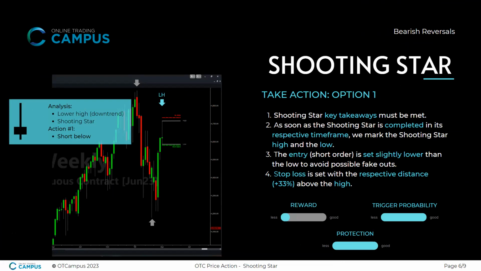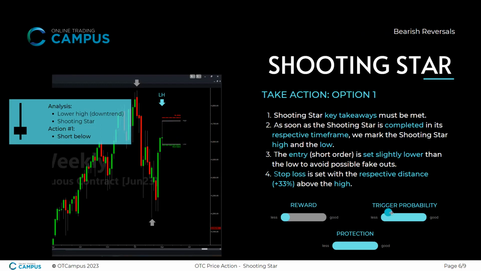Most of the time, and for me also, I'm looking for higher time frames, meaning daily, weekly, monthly reversals, daily, weekly, monthly shooting stars. So the shooting star most of the time is big, okay? And if you trade the whole range, lower than the low and higher than the high as your stop loss, most of the time your stop loss zone will be big, and that means you decrease your profit margin.